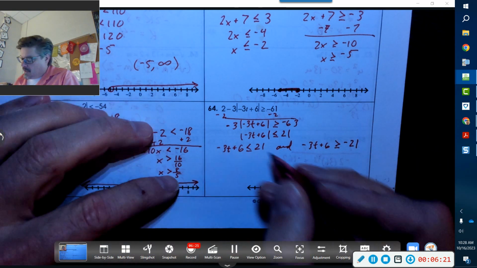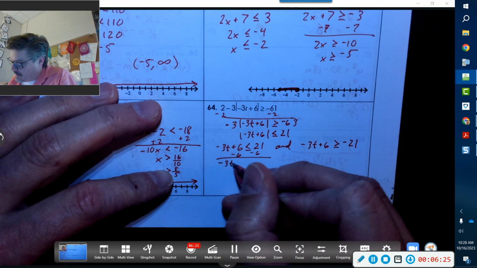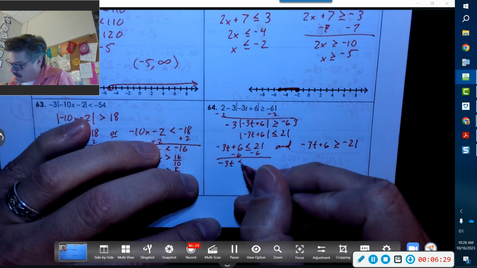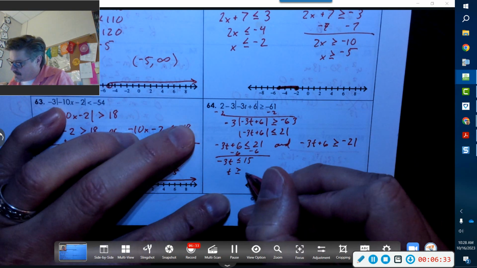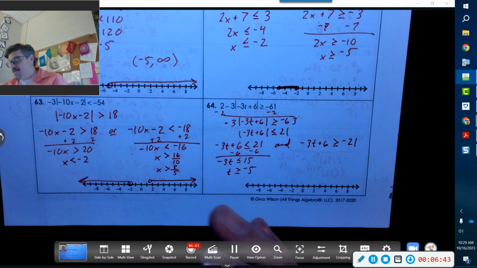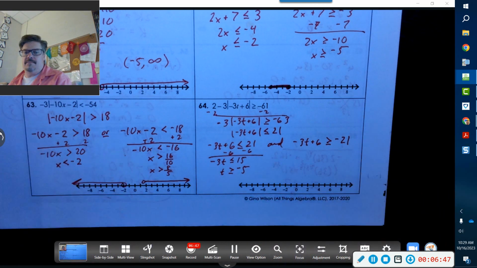Okay, so let's go ahead and just do what we would normally do here. 21 minus 6 is 15. And then t will be greater than or equal to negative 5. Notice how I switch the direction of the inequality again. Be careful. Whenever you divide by a negative number, switch the direction. Very easy to forget. Even the most advanced students will forget to do that.